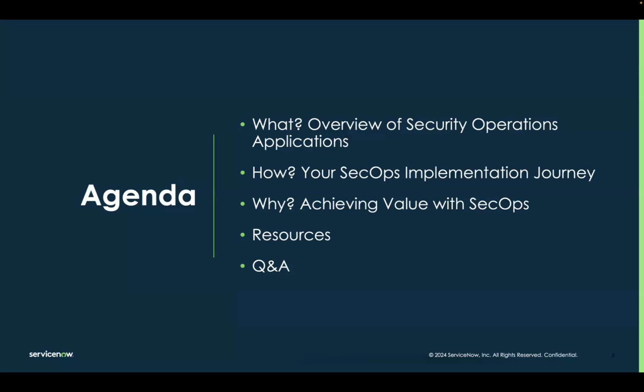The how will give you a brief journey into how your SecOps implementation can go forward when you're trying to think of implementing SecOps in your organization. The why, in the end, will give you some of the key value that you can achieve while implementing SecOps in your organization. So this is how we are going to broadly structure our webinar.